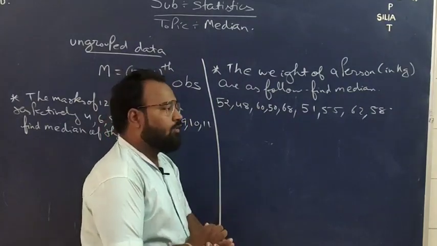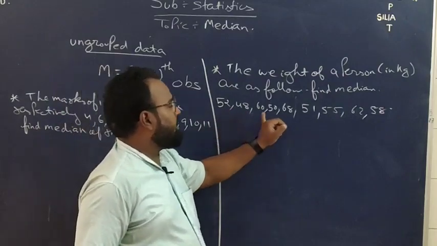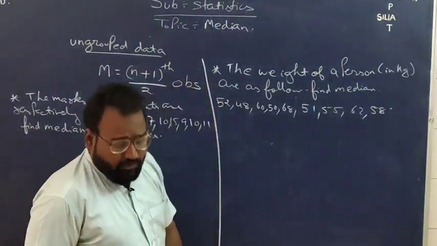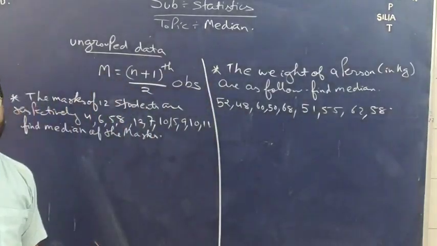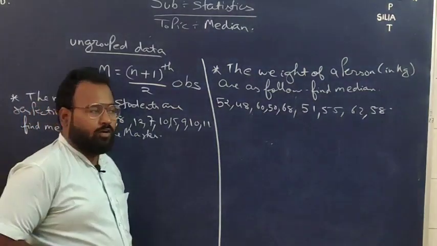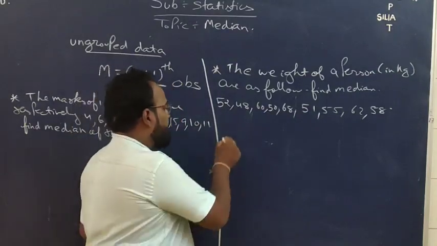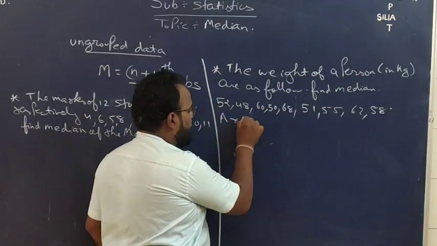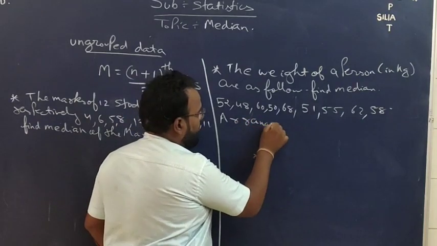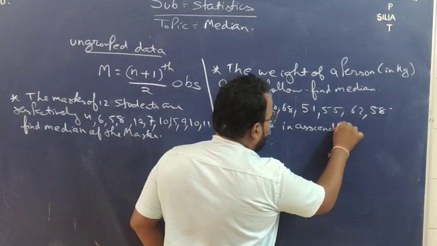Find the median from the following observations. First of all students, we have to arrange these numbers in ascending order, from smaller to larger.